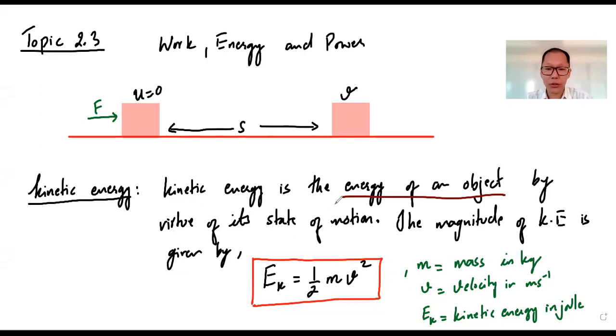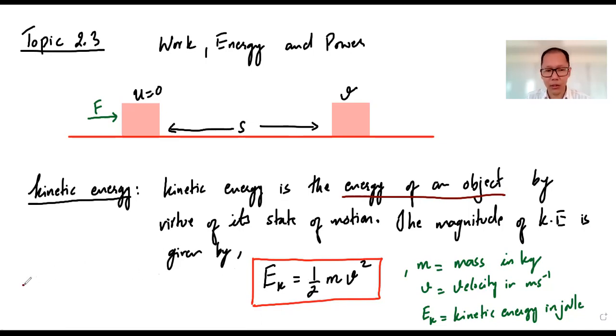So that energy is classified as kinetic energy. And the magnitude of the kinetic energy is given by Ek equals 1/2 mv squared, where m is mass in kg, v is velocity in meters per second, and Ek is the kinetic energy in joules.